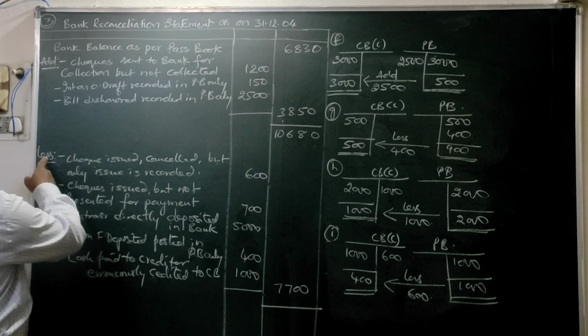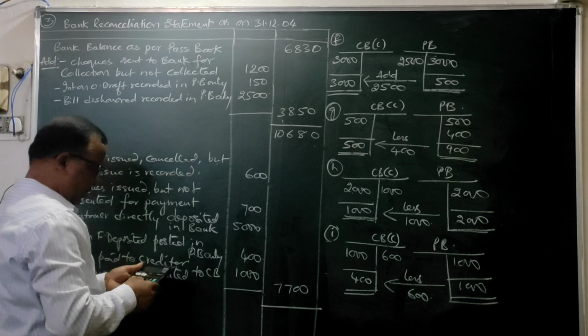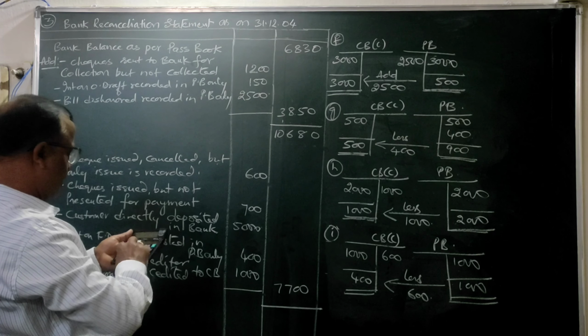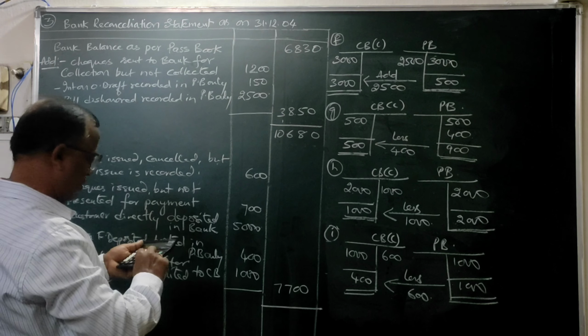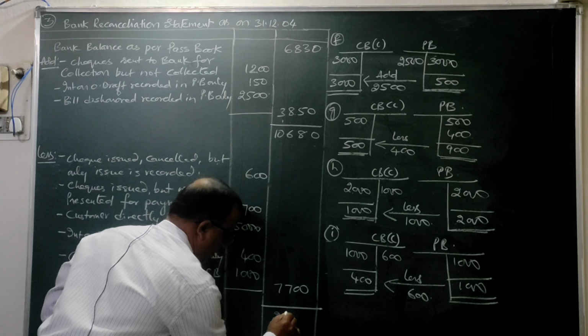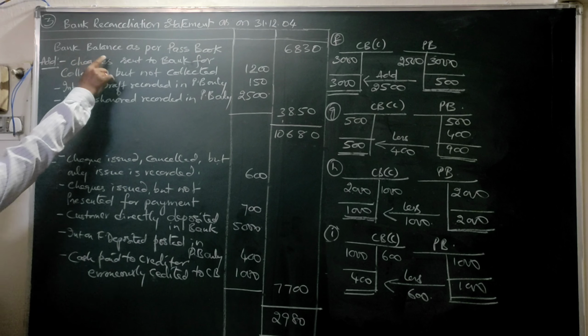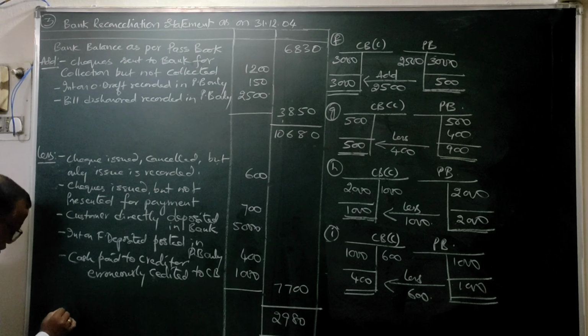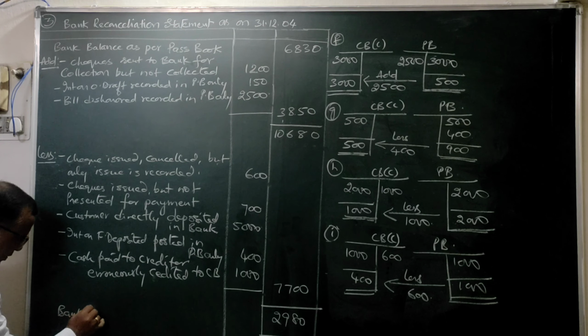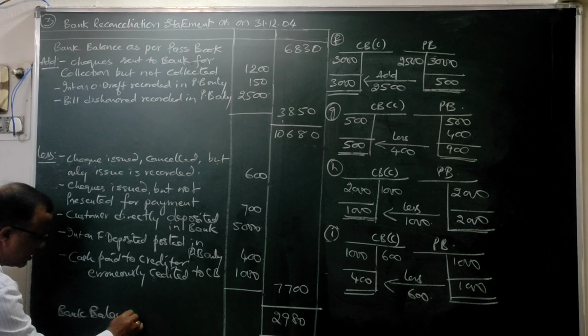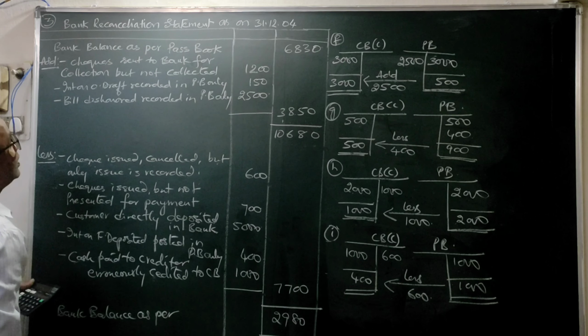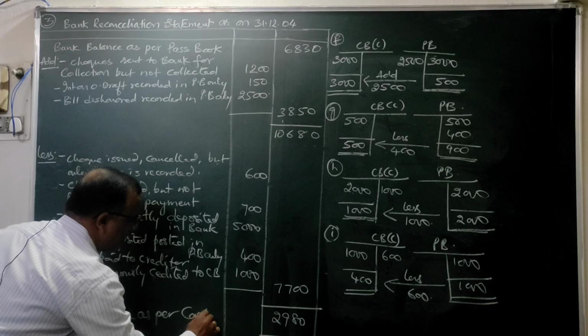This is less, so from this you subtract this one, minus 10,680. If you do it, you will get 2,980. Okay. So what is this? This is the bank balance as per passbook, we said. So this is the bank balance as per cash book.